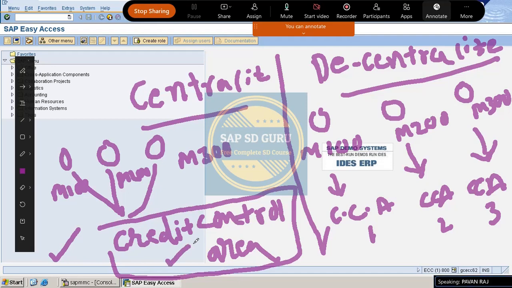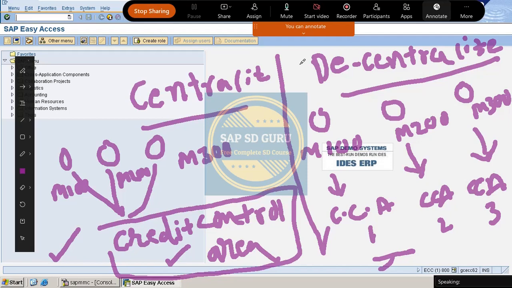And if each company code is having a different credit control area, then this process is called decentralized. So this is mainly the difference between the centralized credit control area and the decentralized credit control area.